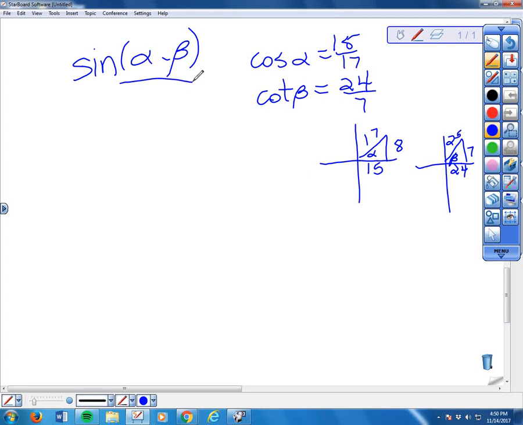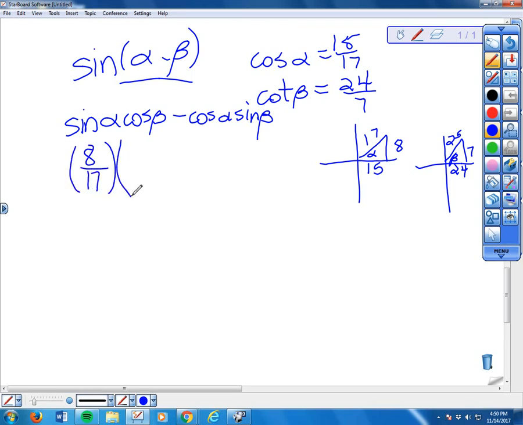So this ends up being sine alpha cosine beta minus cosine alpha sine beta. And I just plug in now. So sine alpha is 8/17. Cosine beta is 24/25. Minus cosine alpha is 15/17.